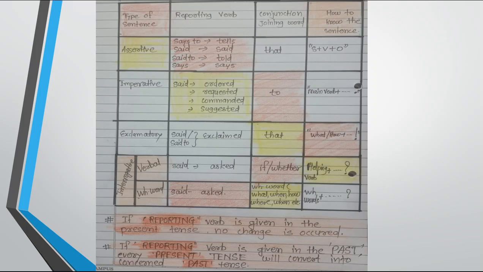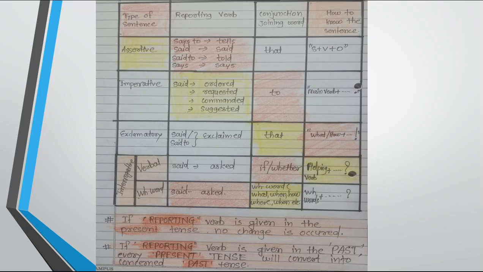First of all, we must understand the reported sentence. The reported sentence may be in the assertive form, in the imperative form, in the exclamatory form, or in the interrogative form.